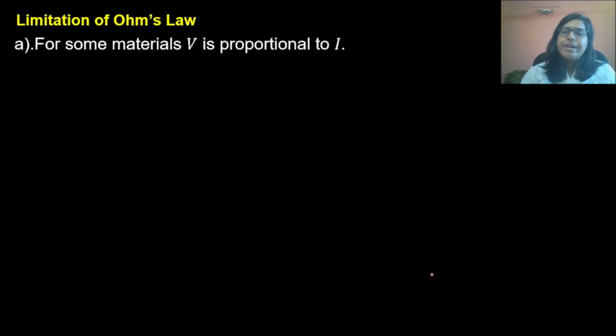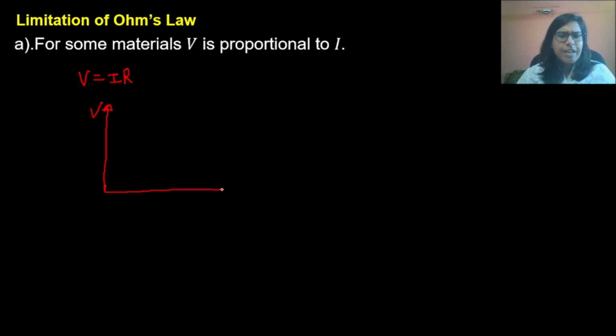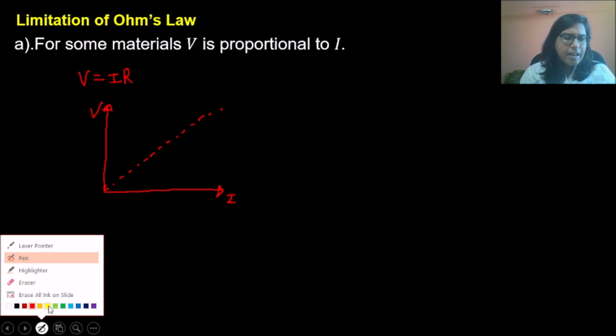Now there are some limitations of Ohm's law. From Ohm's law we have seen V equals IR. That means V is directly proportional to I. That's Ohm's law. But for some materials, the curve between V and I, which for ideal materials should be a straight line, is not a straight line.